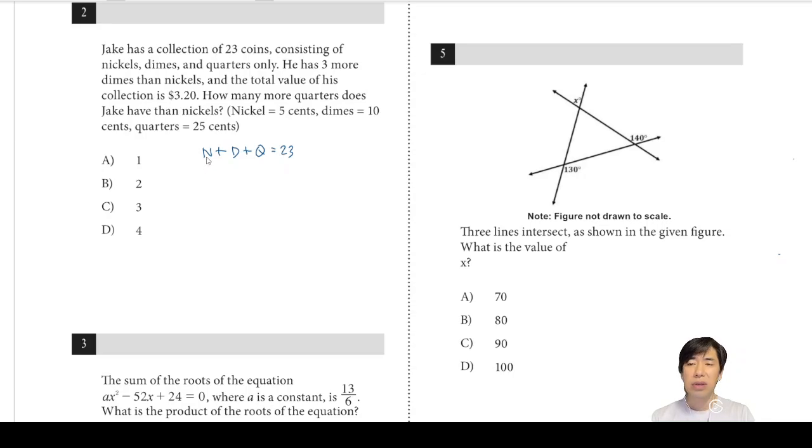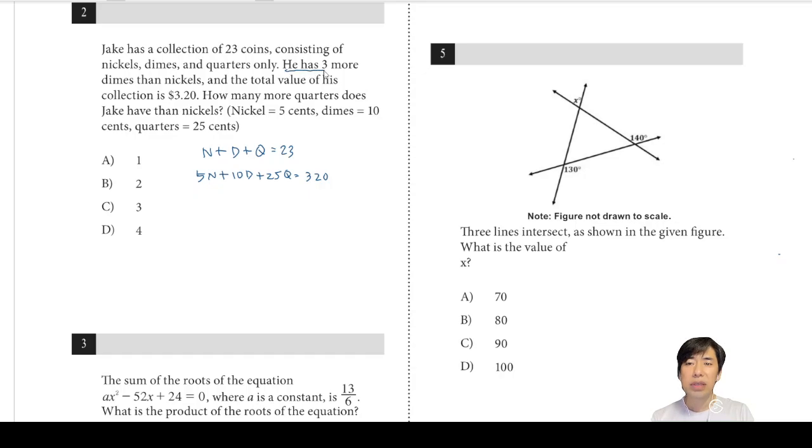You can rewrite that as 5 times N plus 10 times D plus 25 times Q. It says the total value of his collection is $3.20, so if you add up all these values, you end up with 320 cents.